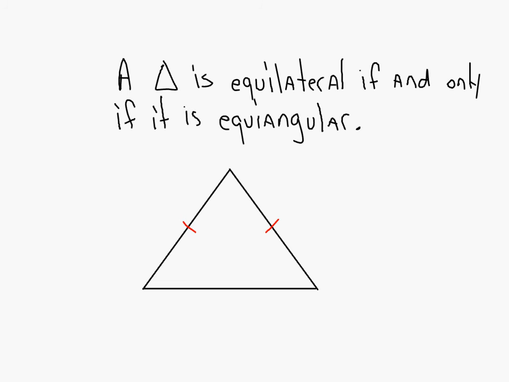So if all the sides are the same, then all the angles are the same, and each equals 60 degrees. Any questions there?